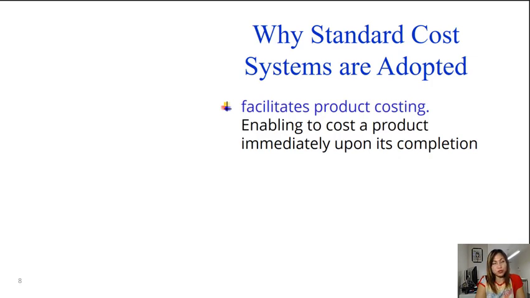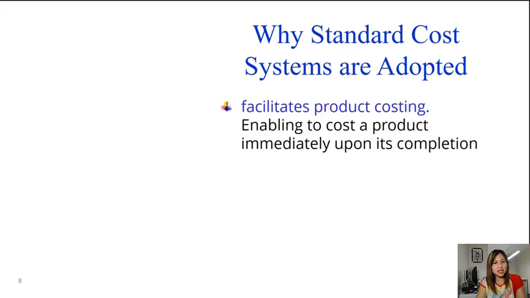Assume that this is January, and you finish the production by the end of the first week. If you have a standard cost system in place, you know roughly how much it costs you to manufacture one finished product or one batch of production, which means you can start selling your product right away.